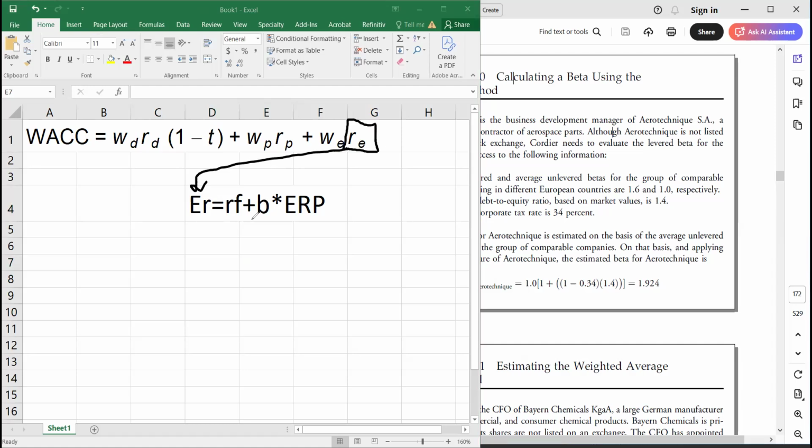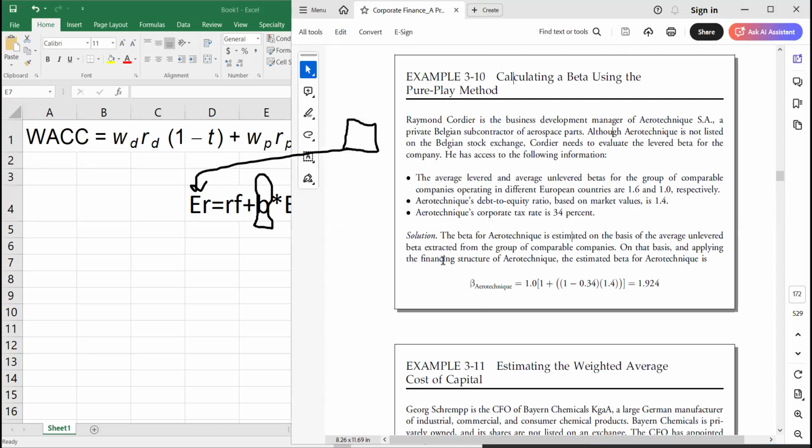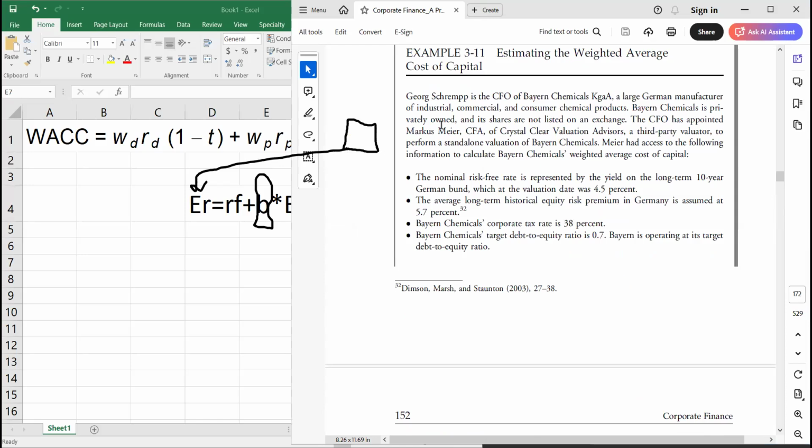But if the company is not publicly available, it's a private company, then the challenging part starts, where you need to calculate the beta separately. Once the beta is calculated, you can easily plug it into the formula. So with the given example here, George Schremp is the CFO of Bayern Chemicals TGA, a large German manufacturer of industrial, commercial, and consumer chemicals.